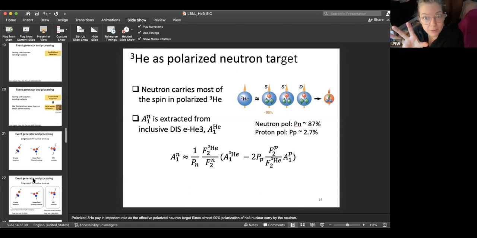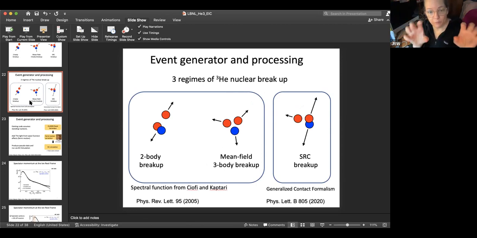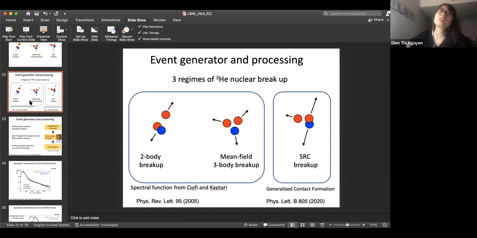Okay, perfect. And then, towards the end, you were talking about the helium-3 breakup, doing a coarse grain on the types of breakup. So what is the definition of the SRC breakup versus two-body? Are you doing a cut on relative momentum? Yes, we need a cut on the Fermi momentum of the active nucleon, here a neutron.